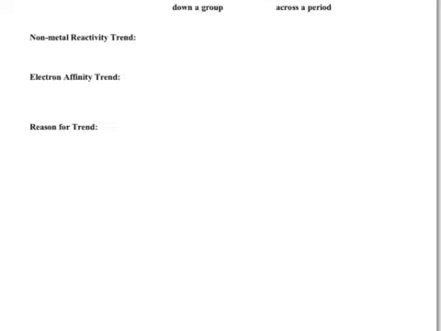Let's come up with the reasons first, and then see if we can come up with the trend from the reason. So I'm going to start with going down the periodic table. The first thing you always want to mention is where the electrons are added.